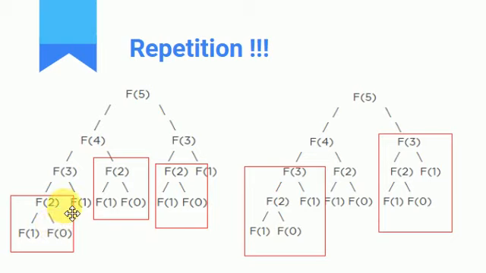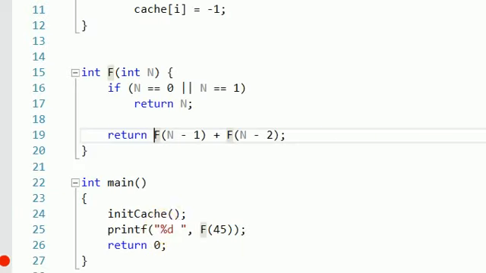In the same way you are calculating an answer here. You calculate f of 2 is equal to f of 1 plus f of 0, and you store that answer. So whenever I ask again to calculate f of 2, instead of calculating, you get the answer you have stored. So for any n, you store that value into the cache.